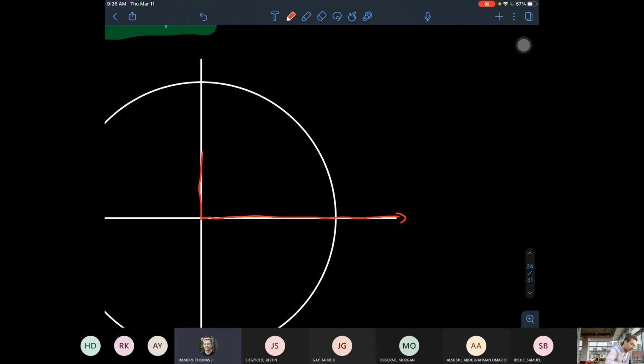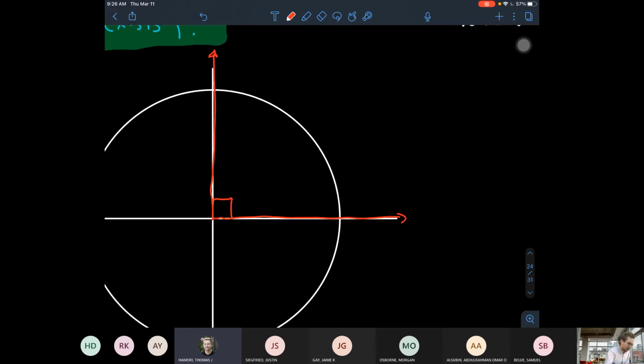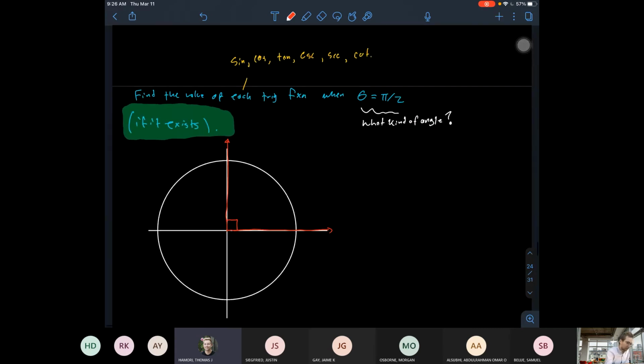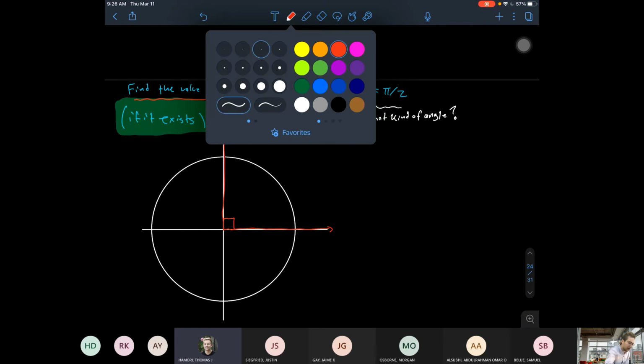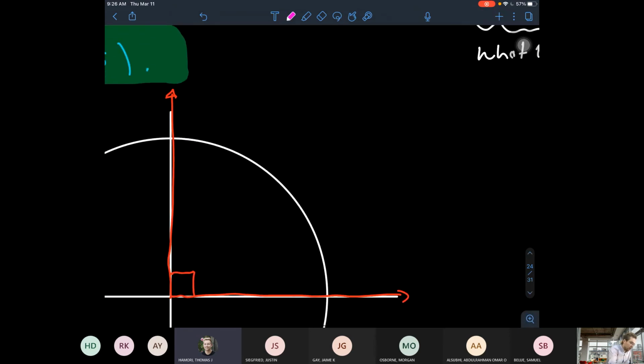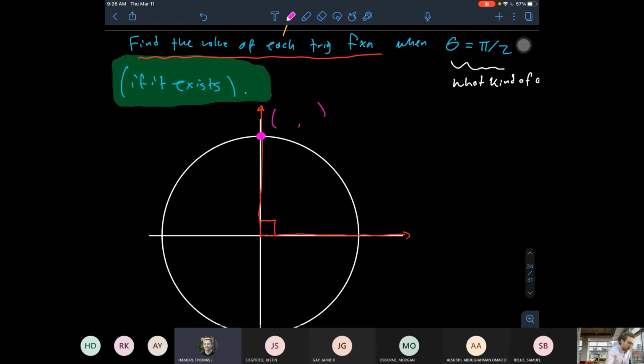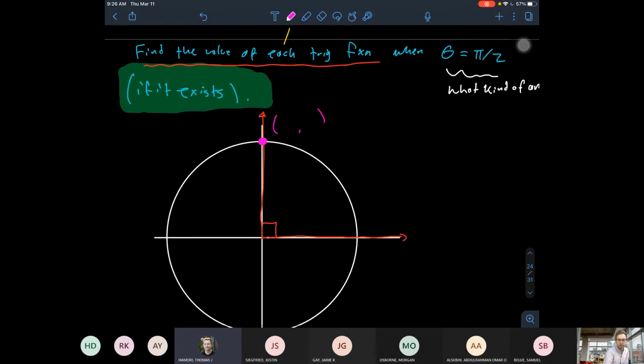So our angle here goes 90 degrees, and we would put a little box here. All of the values of these trig functions are going to depend on the coordinates of the point on the unit circle which this angle would produce. So what is this point x comma y? Does anybody know immediately what this point should be?